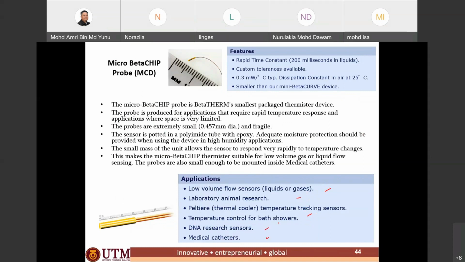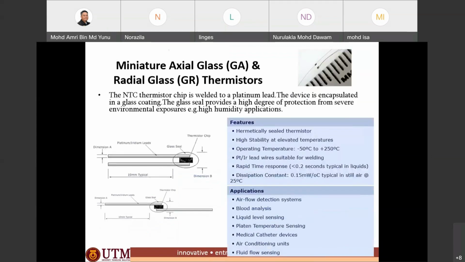It is inside, for example, our electrical appliances, like our laptop, inside the gadget, because it can be integrated directly into, for example, the CPU board. So whatever temperature change can be measured directly.